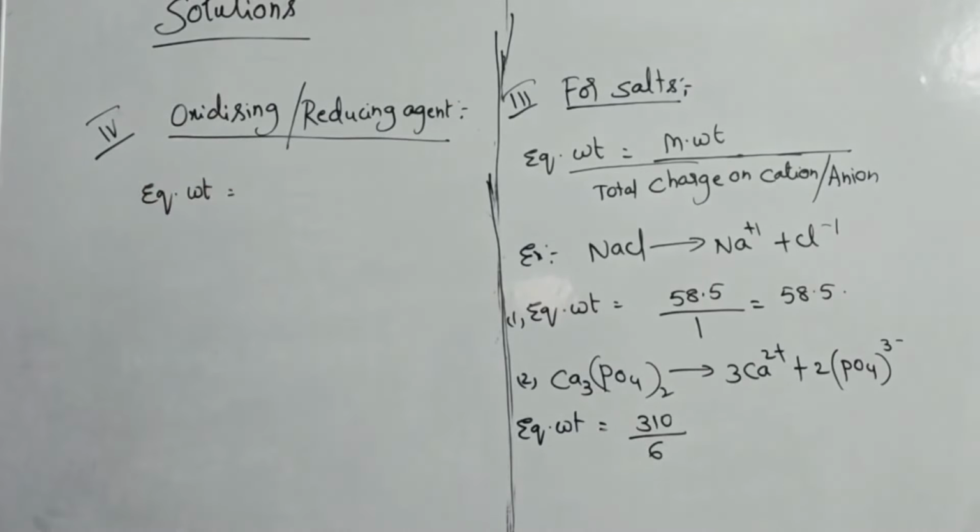Molality, small m, is equal to 1000 into small w by capital M into weight of solvent in grams. Here 1000 is given because the solvent weight is given in grams. Now substitute the values.